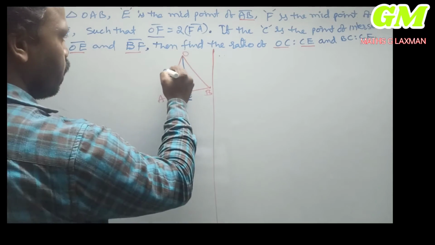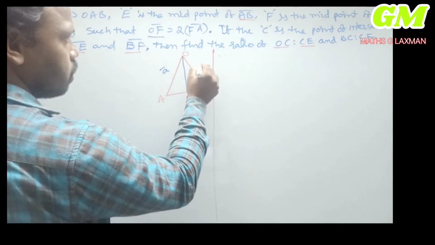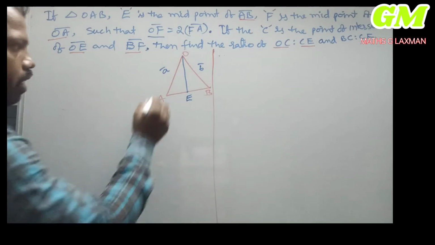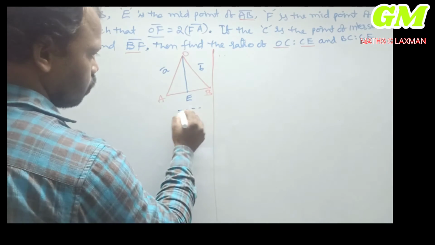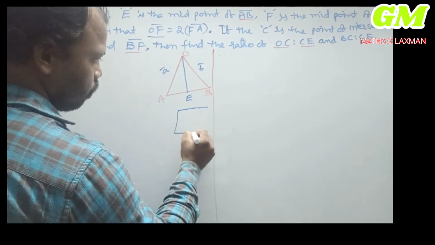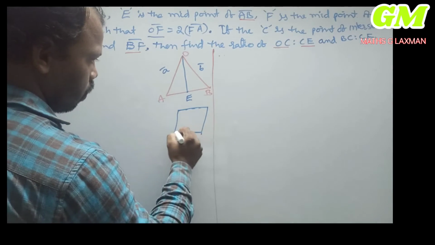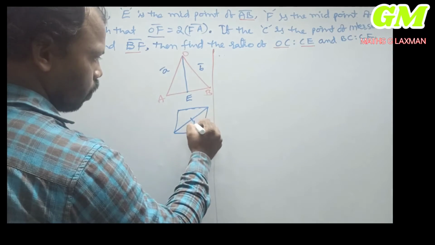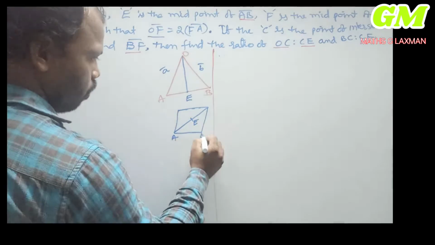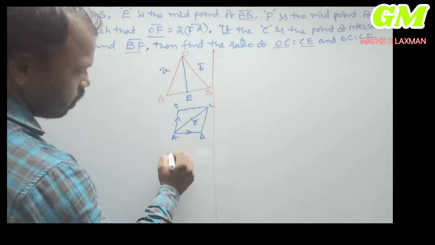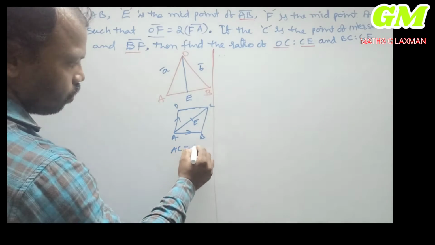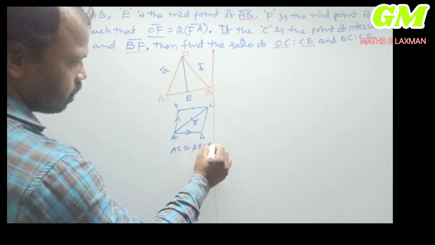Let us take OA as A and OB as B. By the parallelogram property of vectors, if we take parallelogram ABCD, then AC is equal to AB plus AD.